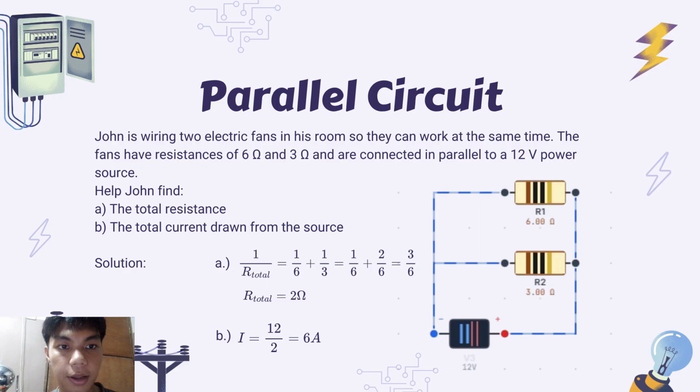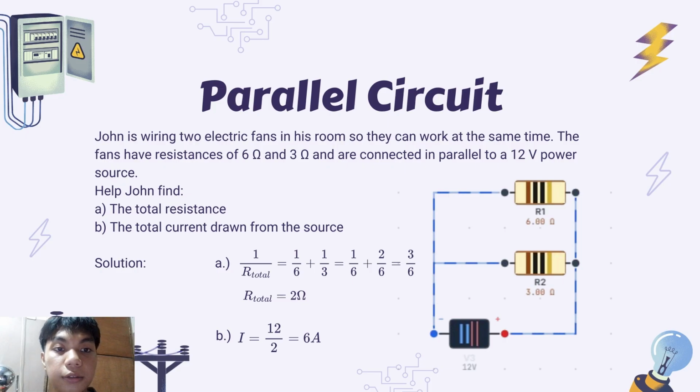To solve this problem, we're gonna use the parallel resistance formula, which is 1 over R total. And then to apply this, we're going to substitute all the values. After substituting them, we're going to add 1 over 6 plus 1 over 3. Then simplify, we're gonna get 3 over 6.